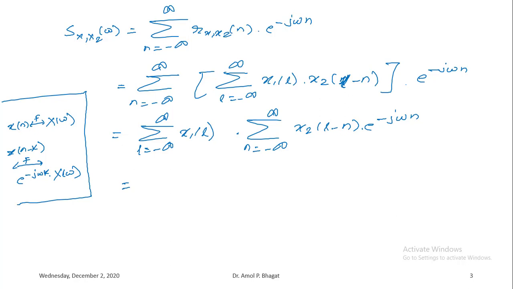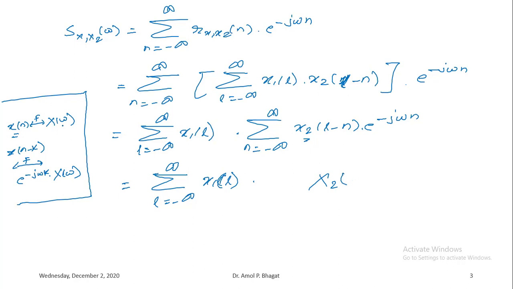So while applying this time shifting property, in place of k we have L here, but here it is minus k, while here it is positive L. So as per time shifting property, this first term will be as it is x1 of L, multiplied by, as the signal is x2 in place of x of n, its Fourier transform will be x2 of omega.